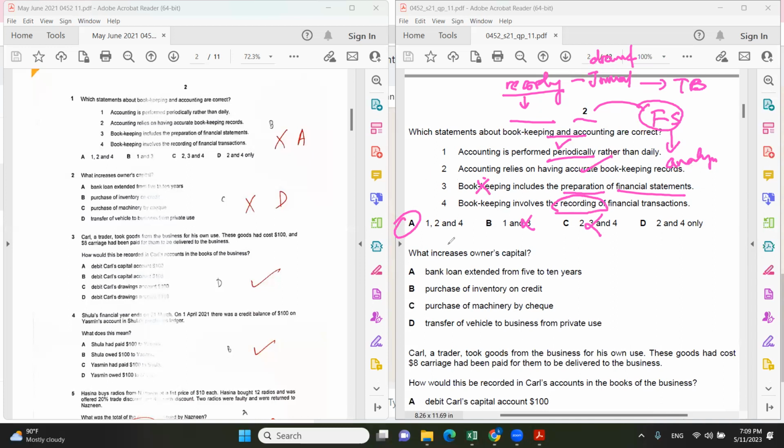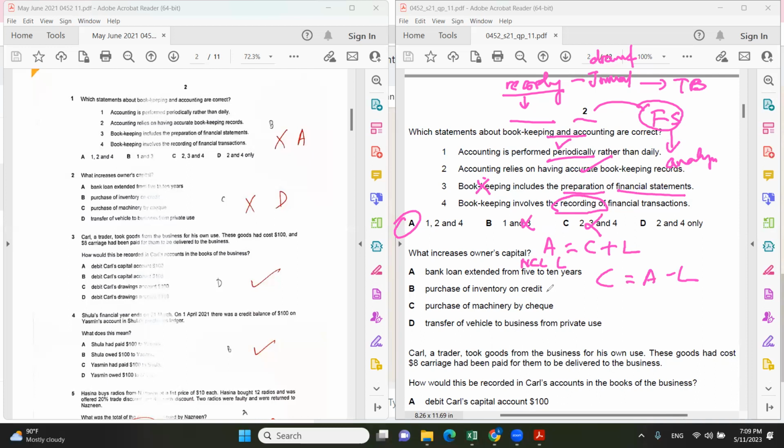Okay, number 2. What increased the owner's capital? We think about the accounting equation: asset equals capital plus liability, or capital equals asset minus liability. Bank loan extended from 5 years to 10 years: both are non-current liability, so there is no effect on the capital.